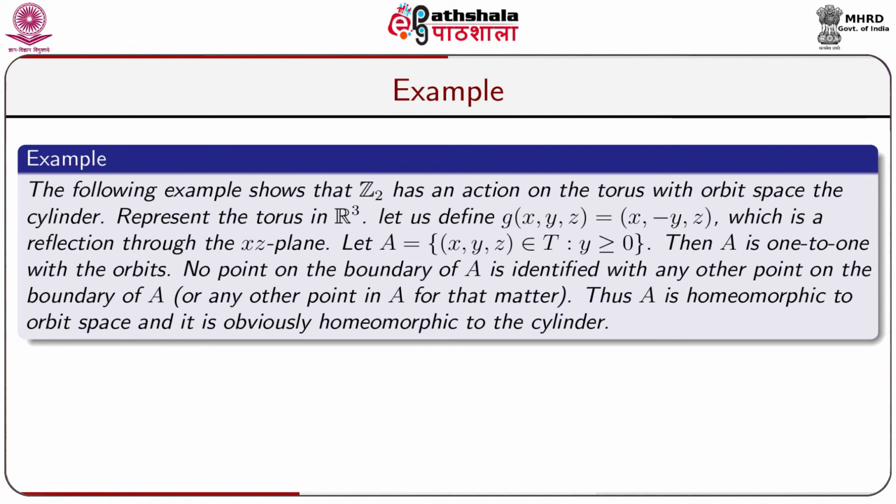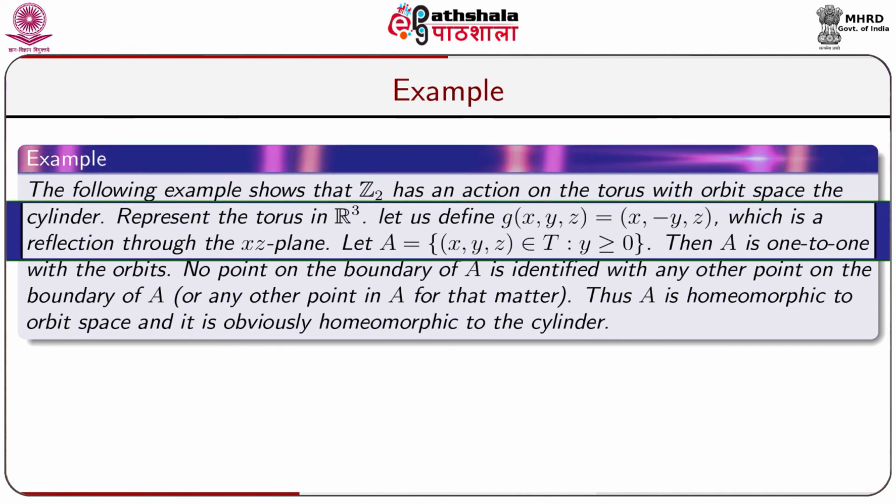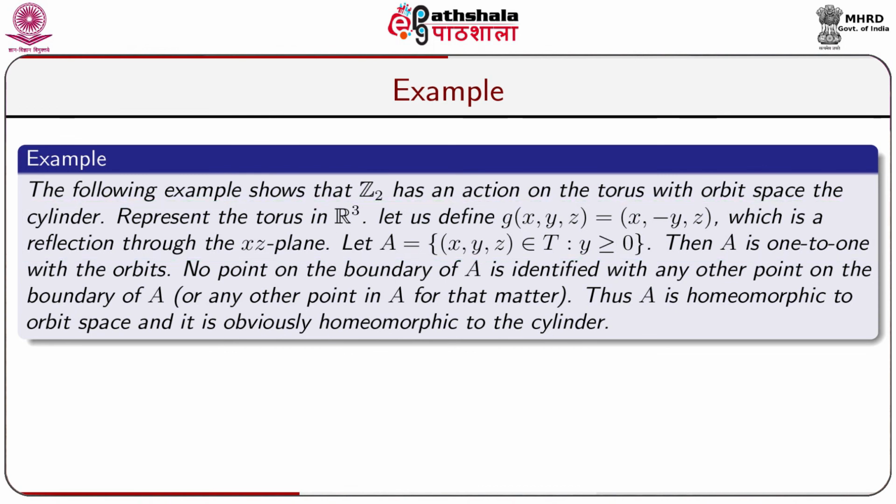Finally, we give an example which shows that Z2 has an action on the torus with the orbit space as a cylinder. Let us represent the torus in R3. Then we define a mapping as follows: g of (x, y, z) is equal to (x, minus y, z).